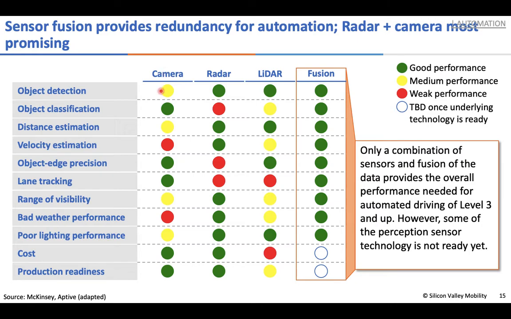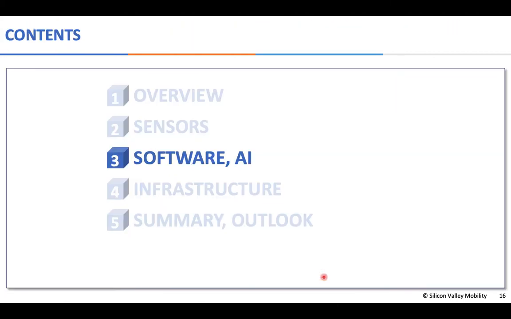So camera for color, camera for quick classification of an object, for lanes, radar for bad weather performance, very accurate distance and velocity, and LiDAR really to figure out what exactly is it that I'm looking at, very high precision, and also to work at night, which for instance a camera does not do too well. But the fusion, so combining all these sensors, is really something where the cost we don't really know, and therefore when it's really ready for prime time, we'll see.